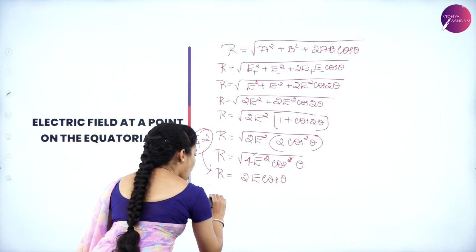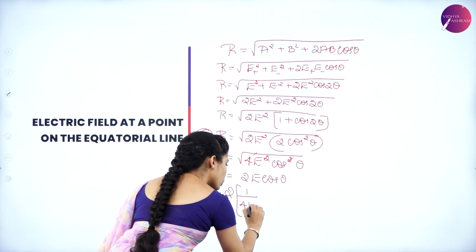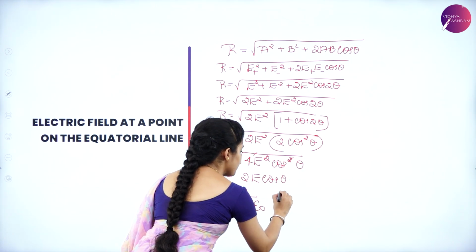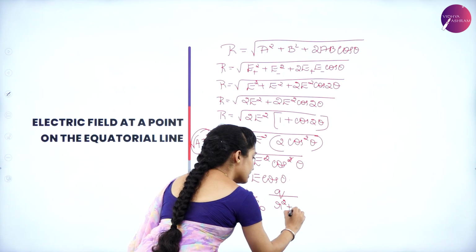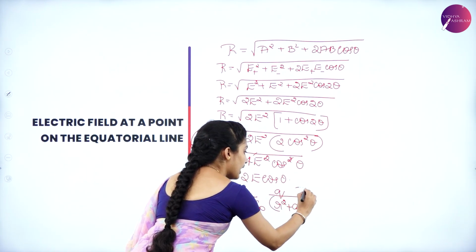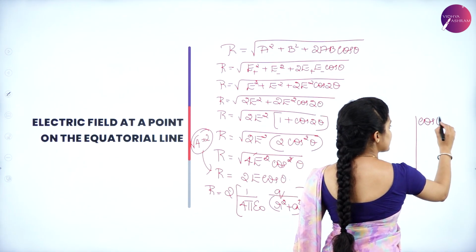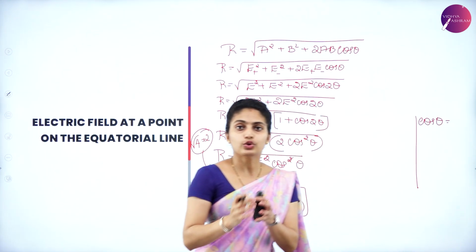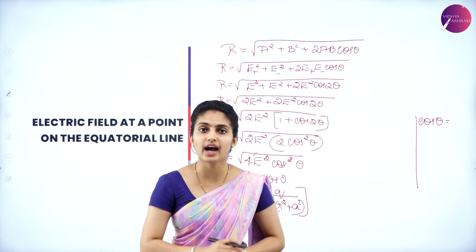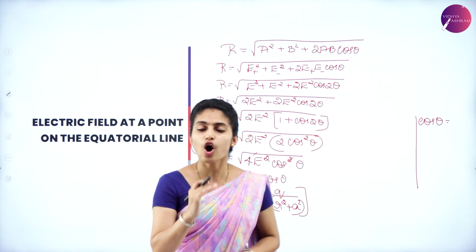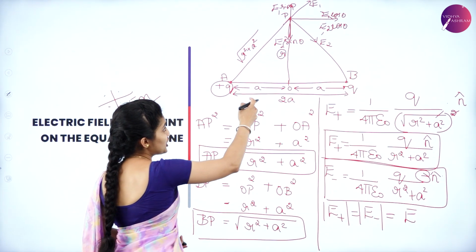That is R is equal to 2 into 1 by 4 pi epsilon naught Q divided by R square plus A square, and we have our cos theta in our hands. Cos theta is adjacent by hypotenuse. So what is the adjacent over here?